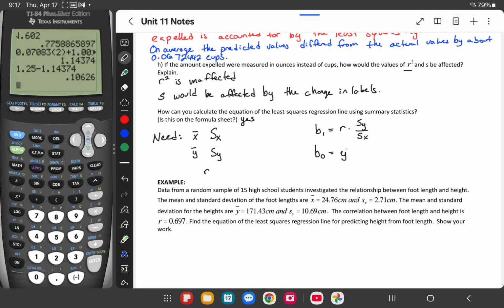That can be found by taking the mean of your y values minus your slope that you just found multiplied by the mean of your x values. And then once you've got both your slope and your y-intercept, you can write your regression equation as y hat equals b sub 0 plus b sub 1 multiplied by x, and there would be your least squares regression line.